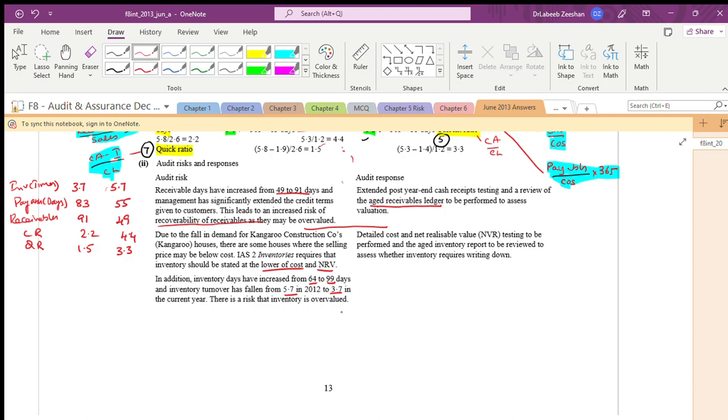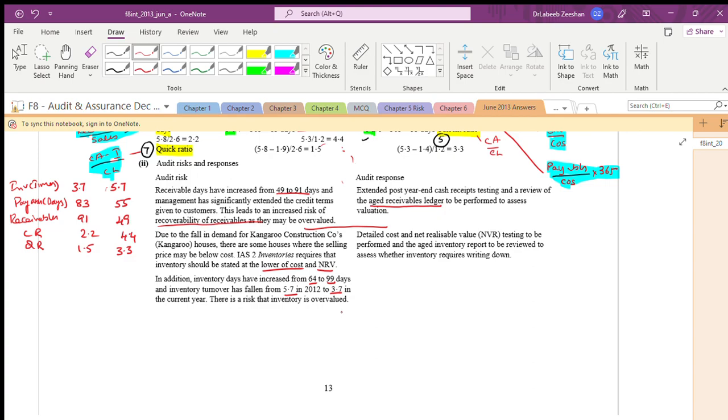Because of that, what happens? Definitely the value of the inventory will have its impact. What will the auditor do? The auditor will go into the details, is it right? They will check whether the inventory has been valued at the cost or net realizable value.